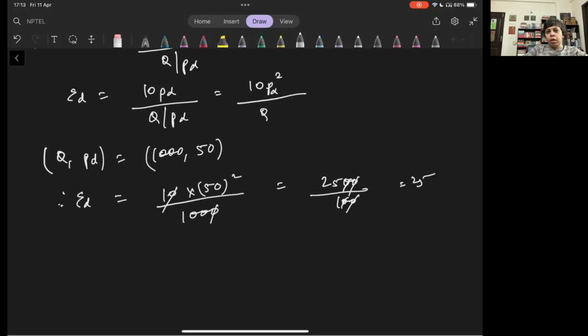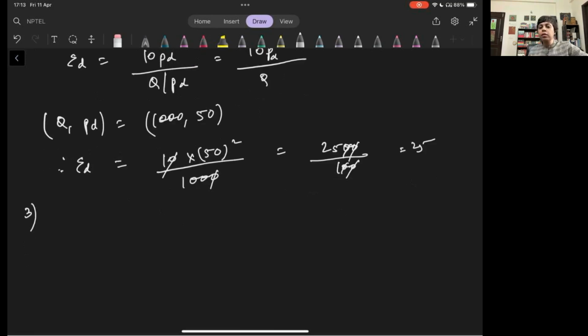Yes. So now the next part is simple. It is asking you, are digital books substitutes, complements, or neither for textbooks? So what do we see? Cross price elasticity of demand is positive, which means that with an increase in the price of digital books, quantity demanded for textbooks is increasing.